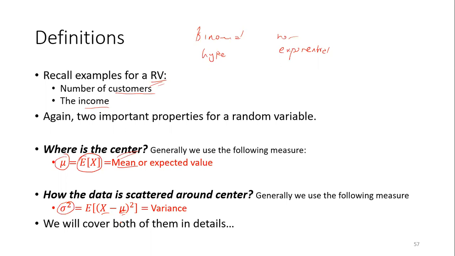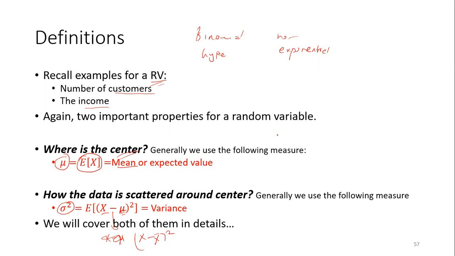You see X minus mu. As you may recognize, this is very similar to X minus X bar, squared. So this is X minus mu, and this is X minus X bar. This is the mean and this is the variance.